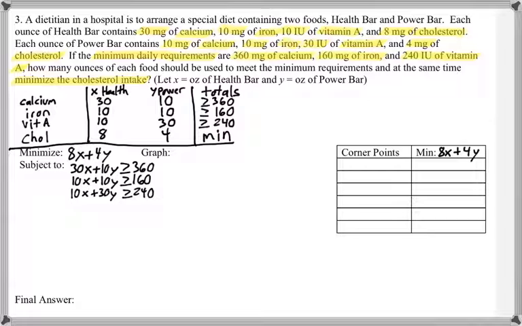And then because this is real life, x has to be greater than or equal to 0, and y has to be greater than or equal to 0. So these are all of my constraints. And I'm going to want to graph these, so I need to isolate for y in each of these three inequalities.